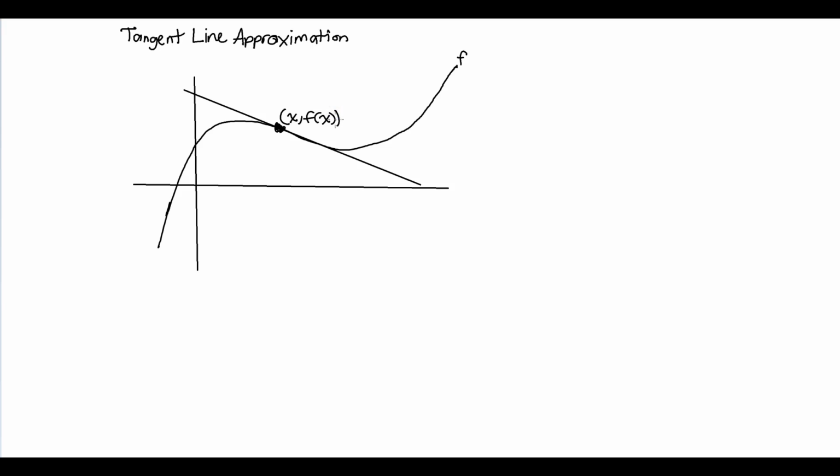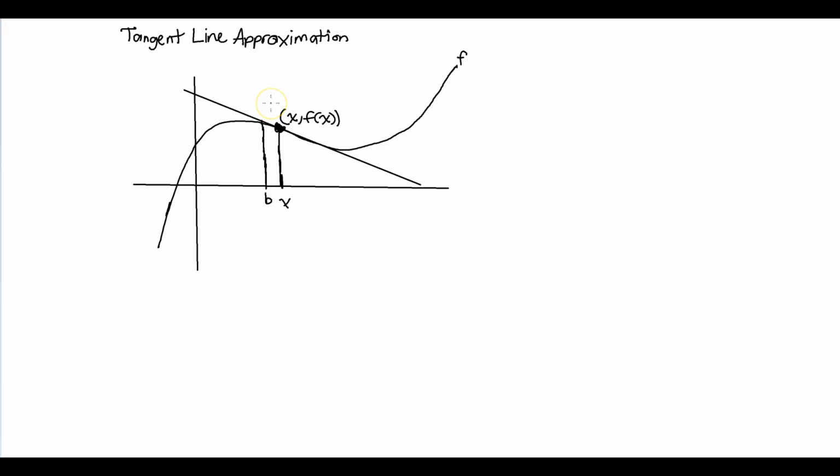Now, what the tangent line approximation says is that if you have a tangent line at a point x, you can approximate another value, call it b. So let's say we had b, and that's quite close to x.